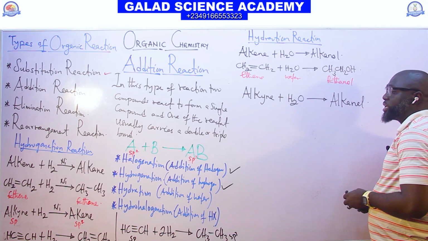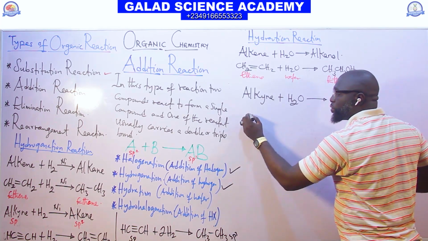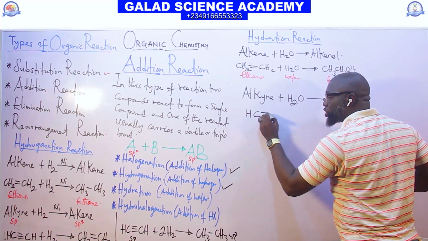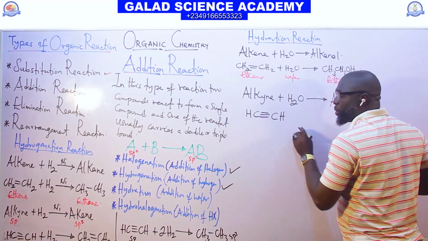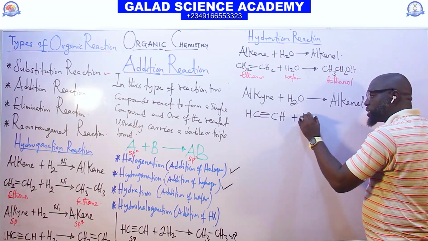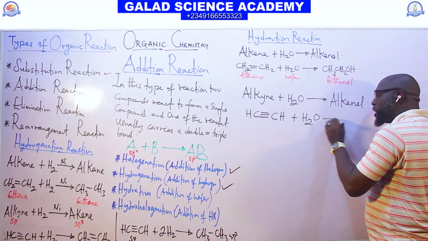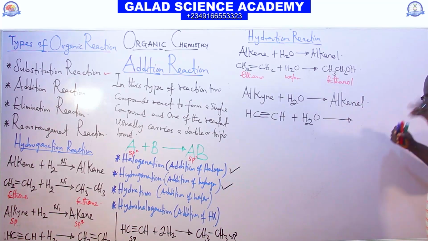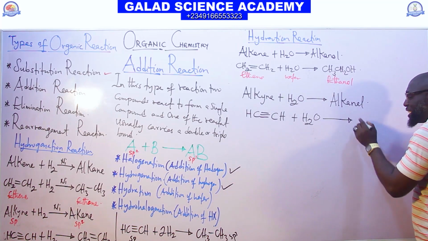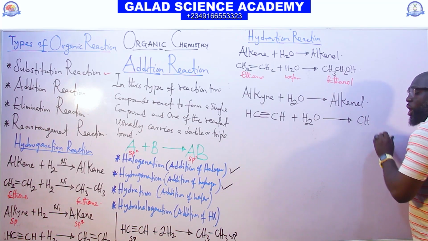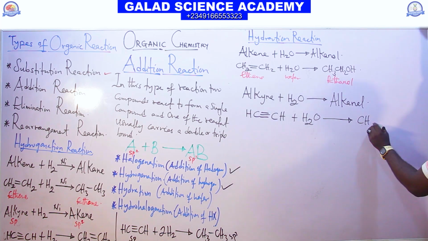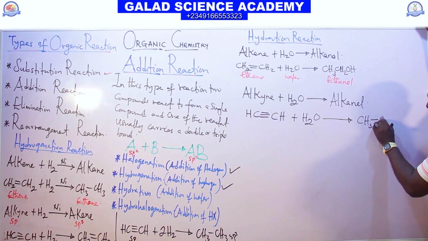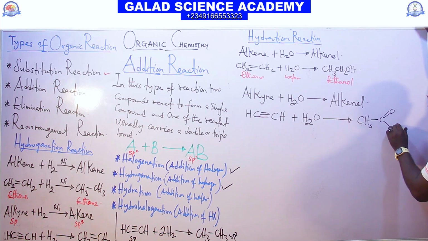For this reaction, carbon triple bond carbon, ethyne plus H2O, will lead to ethenol, and the ethenol later undergoes tautomerism to form ethanal.